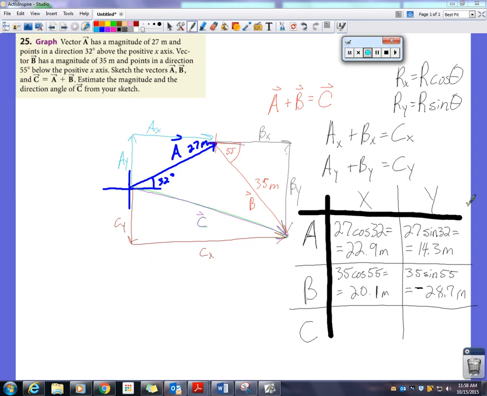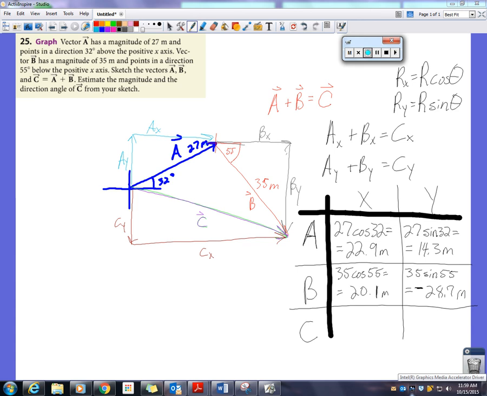So I took a minute and found the values that go in here. I did make one mistake. I wrote 25 there instead of 35. We fixed that, so 35 sine of 55. And so Ax is this, Ay is this, Bx is this, By is this. So we add these columns together and add these columns together.